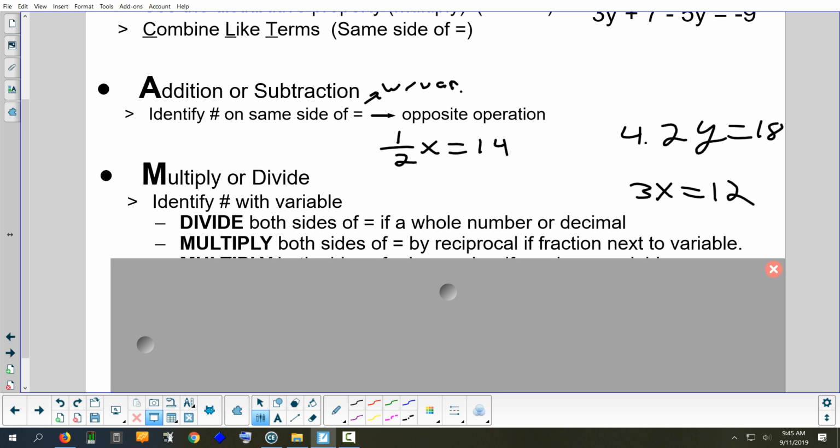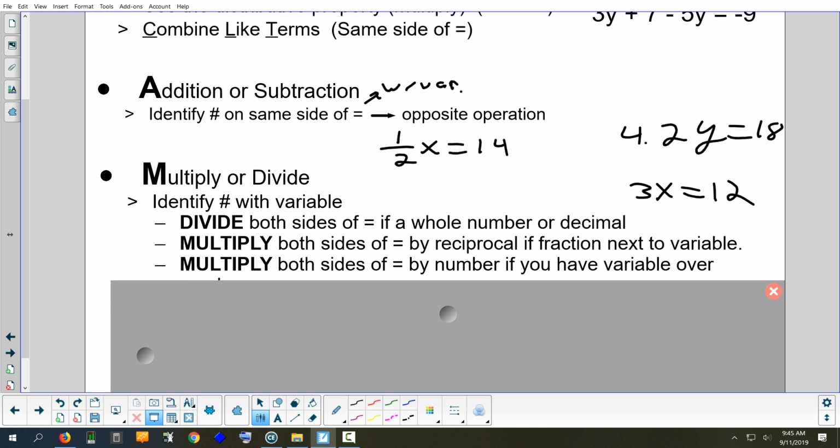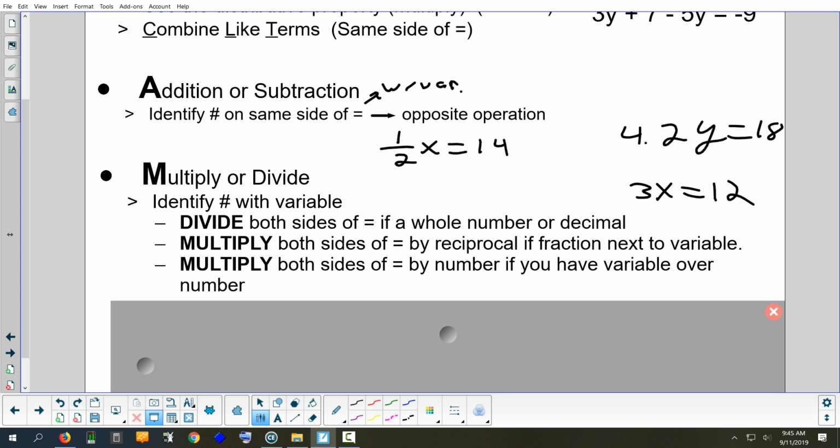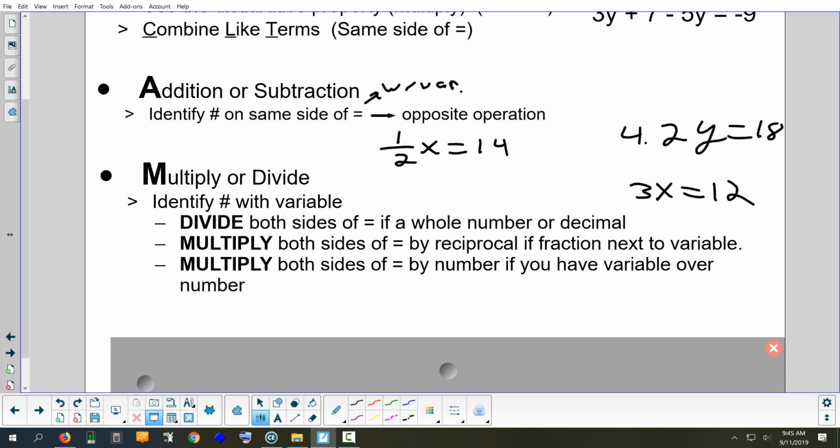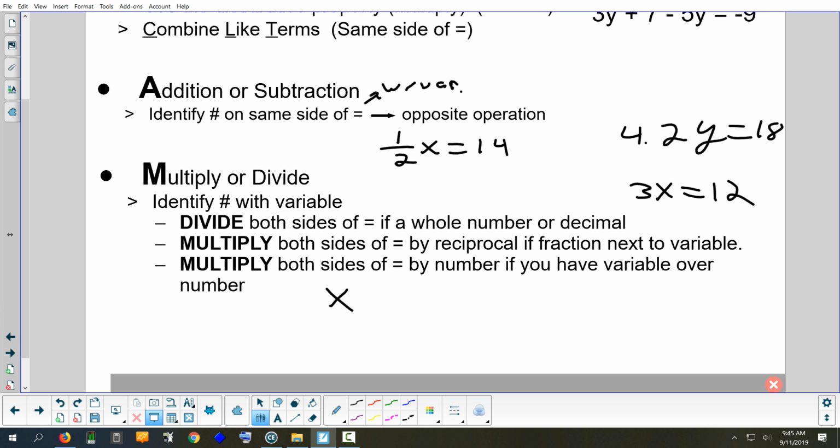Now, the last case you can have for multiply is if you have a variable over a number. Okay, that would look like this. X divided by 6 equals 10. If you have a variable over a number, you're going to multiply both sides of the equation by the number. Okay. So divided by a number, you're going to multiply.